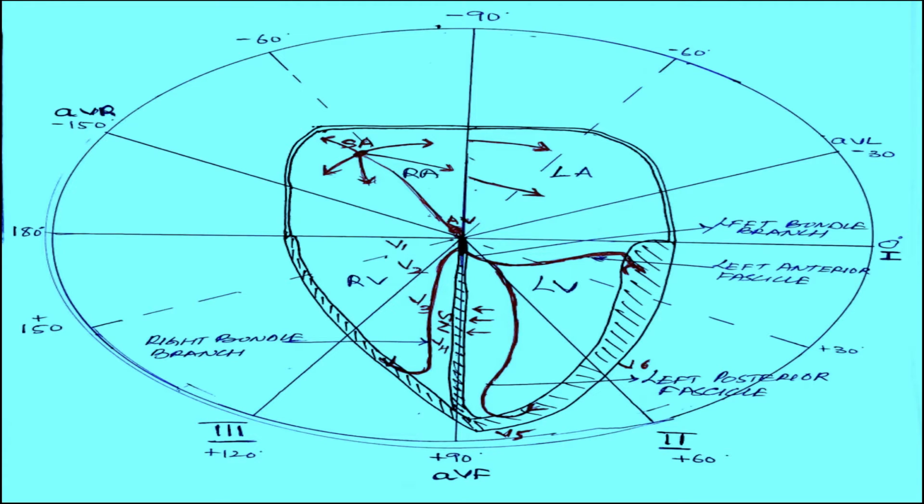So at this level, in short, broad QRS can be because of left bundle branch block, right bundle branch block, a ventricular premature complex (VPC), or an impulse from the supraventricular region traveling through an aberrant pathway like in WPW syndrome. So these are the 3 or 4 major causes of broad QRS.